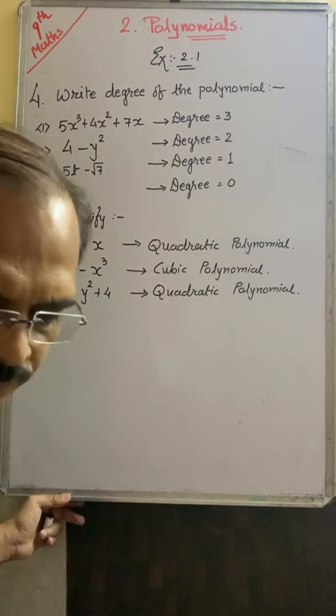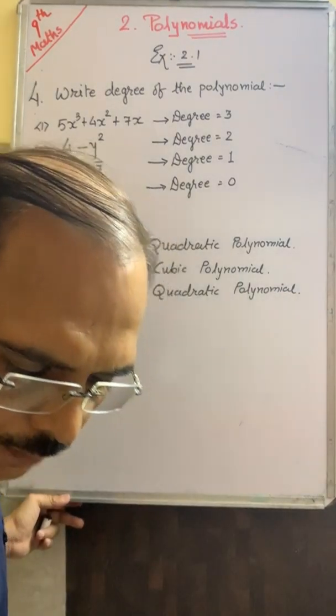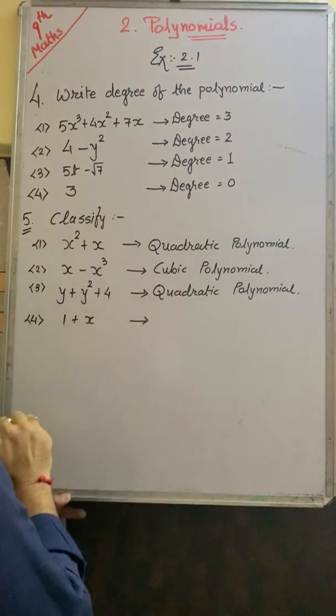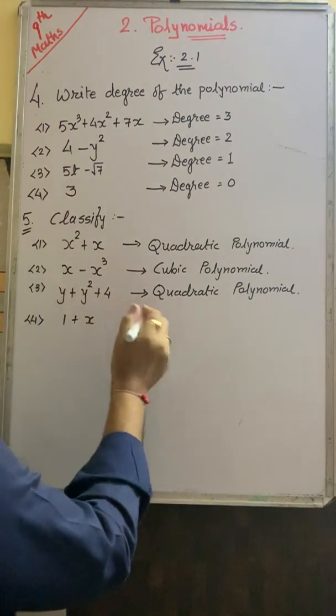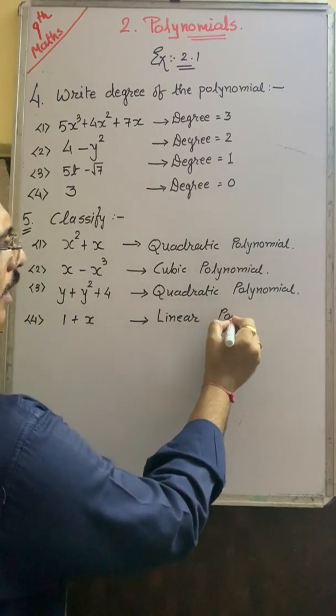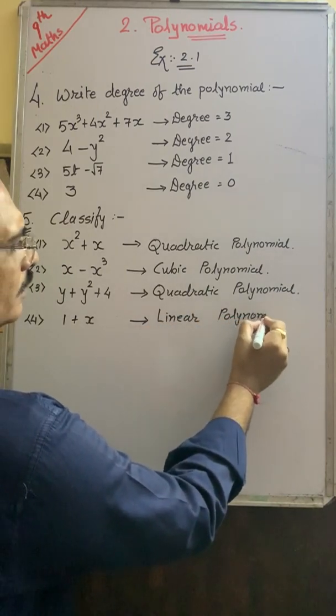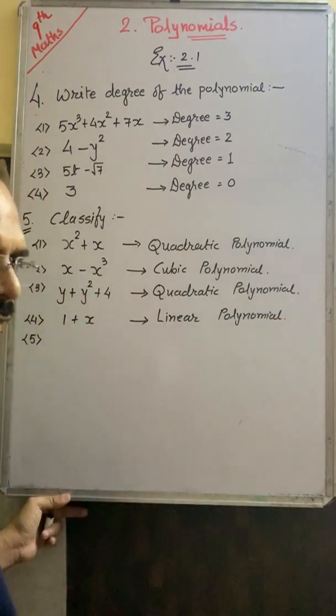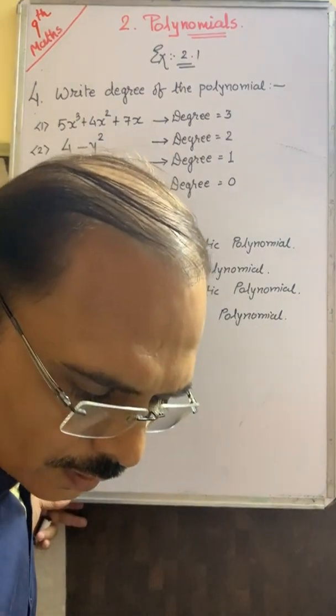Fourth question, 1 plus x. See the variable is x having 1 power. If 1 power, then this is called linear polynomial. Fifth, 3t.